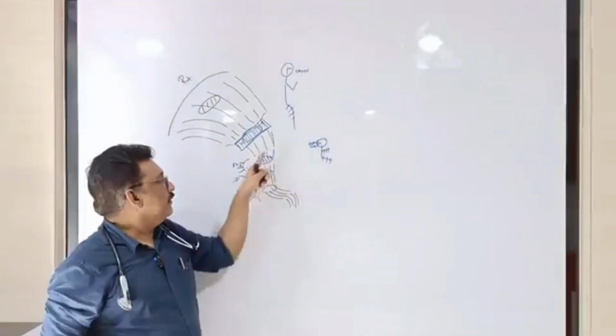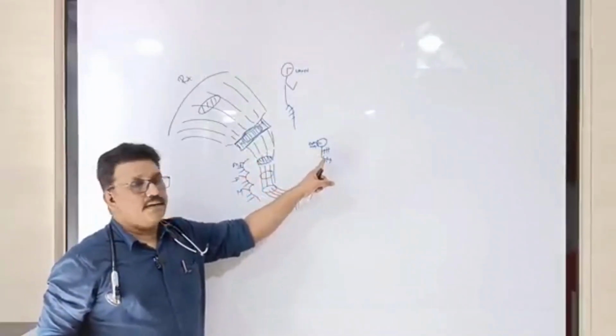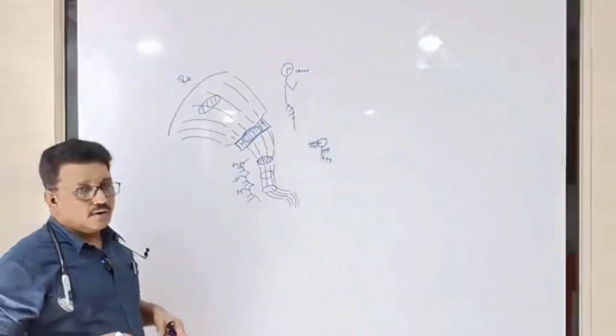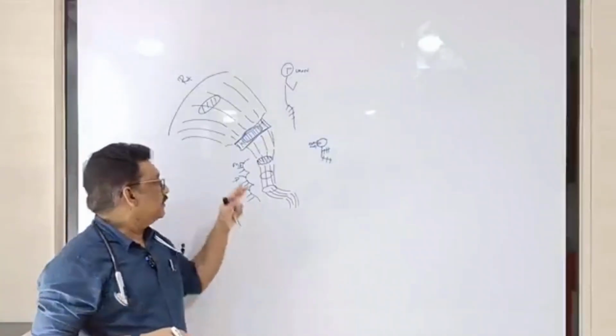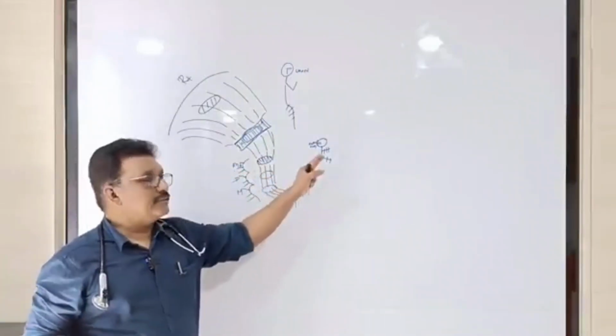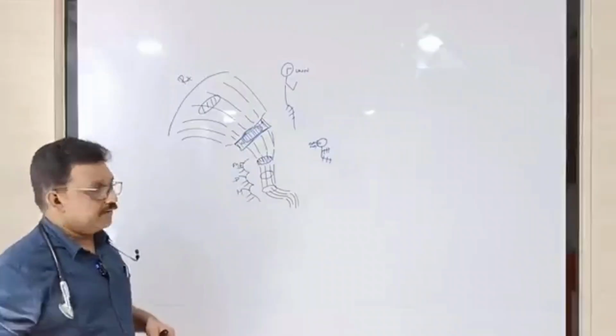So this patient can have right-sided ophthalmoplegia and left-sided weakness, a type of crossed hemiplegia. Why we call it crossed hemiplegia is because on one side the patient has cranial nerve weakness, and on the opposite side the patient has pyramidal weakness, where the upper limb and lower limb are involved.